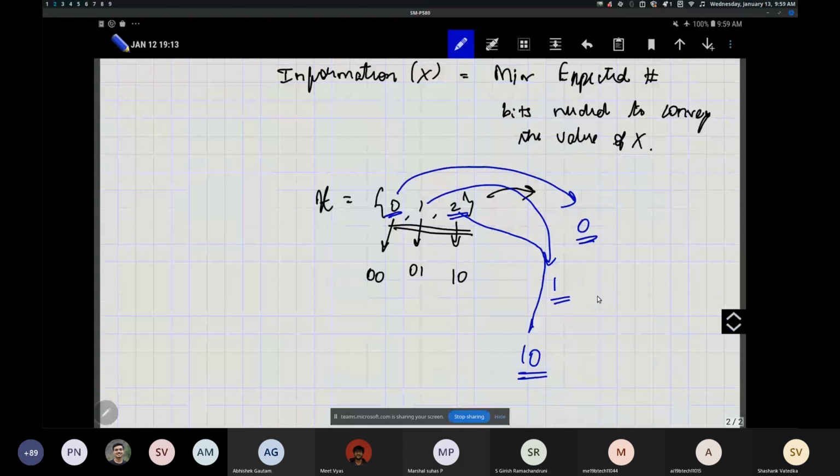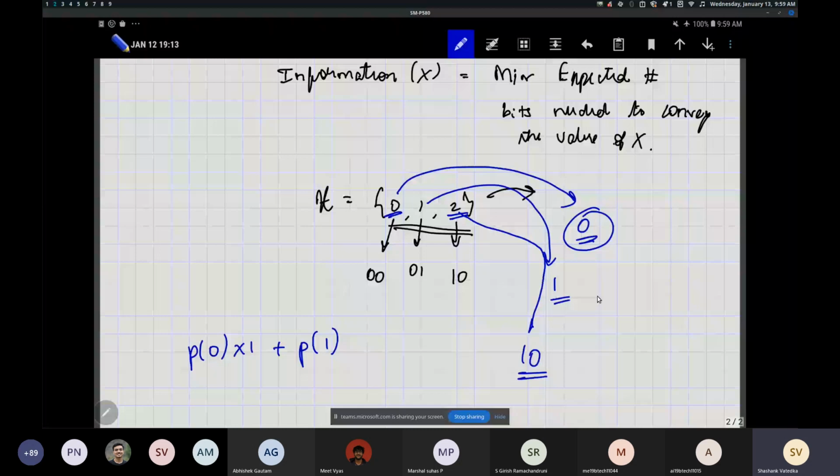It is the probability of observing a 0 times 1, because I'm representing 0 using 1 bit, plus the probability of observing a 1 times 1 bit, plus the probability of observing 2 times 2 bits, because 2 is represented using 1, 0, right?